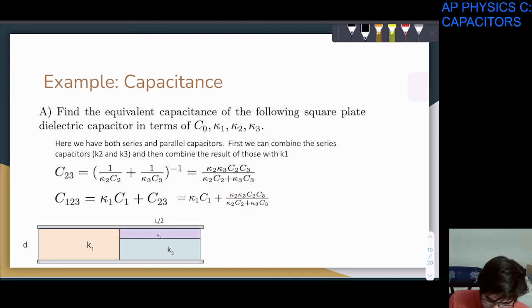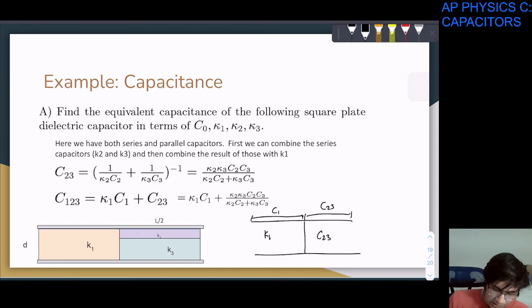So now it looks like this. We have K1, and we have basically C2,3 over here. So this part of the capacitor is C1, and this part is C2,3. Now we have to combine this parallel combination, these two capacitors that are in parallel.